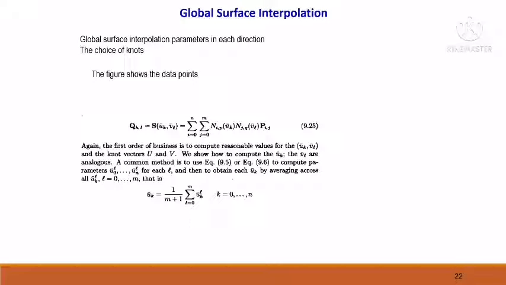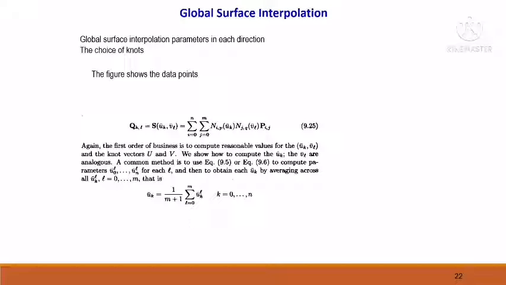We now turn to global interpolation of surfaces. We are given a set of n plus 1 by m plus 1 data points, with qkl as the data, and we want to construct a non-rational p comma qth degree B-spline surface interpolating these points, which gives the summation.